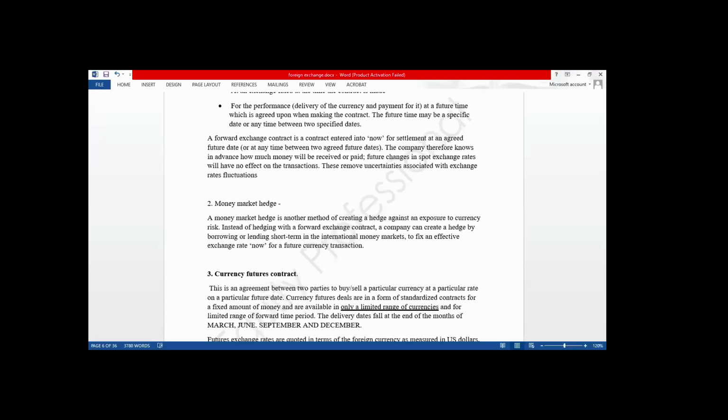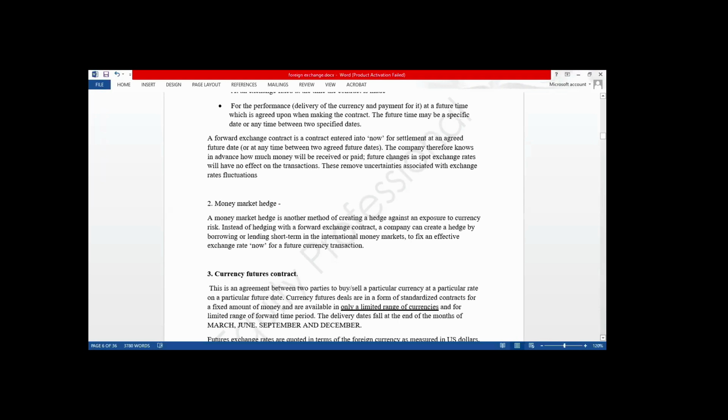Under money market hedging, a company can create a hedge by borrowing or lending on a short-term basis in the international markets, with an objective to fix the exchange rate now for a future foreign transaction.